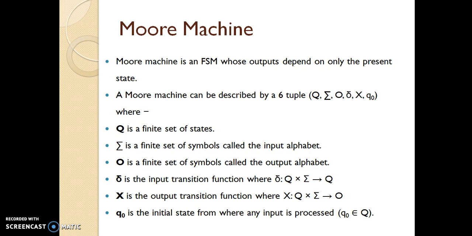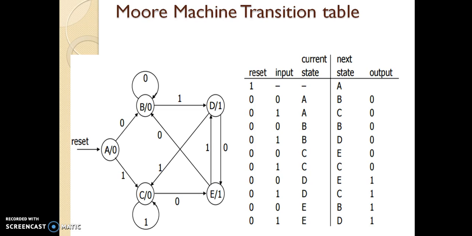Again, the six tuples in Moore machine are the same as Mealy machine, with the difference in the output transition function where it is Q tends to O, output state. All other six tuples are Q finite set of states, summation set of input alphabet, O set of output alphabet, delta is input transition function, X is output transition function and Q0 is initial state.